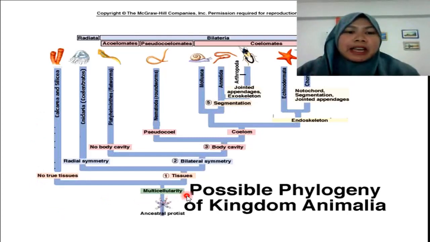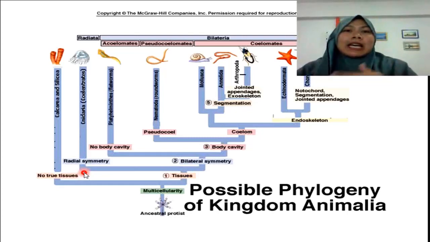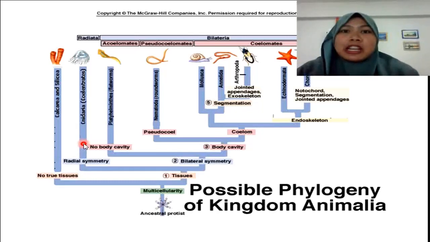They are classified and differentiated by another category, which is by looking at body symmetry. Some animals have radial symmetry. Radial symmetry means it looks like a pizza, where you can cut along many axes. For example, animals in the phylum Cnidaria, like the jellyfish.